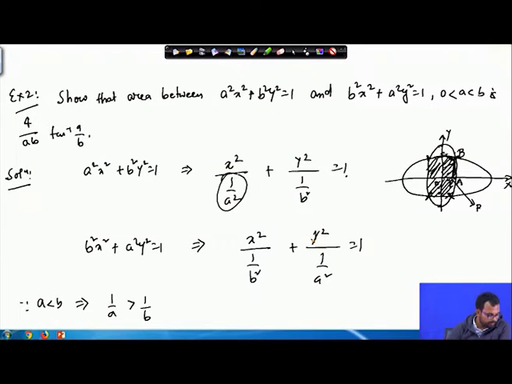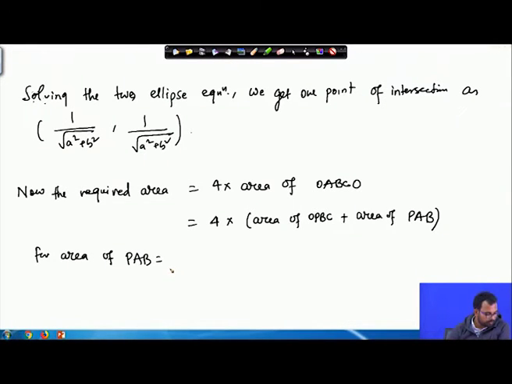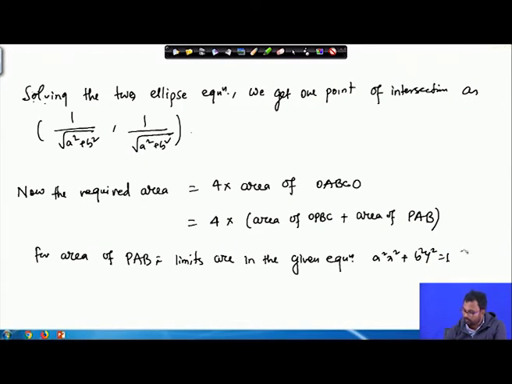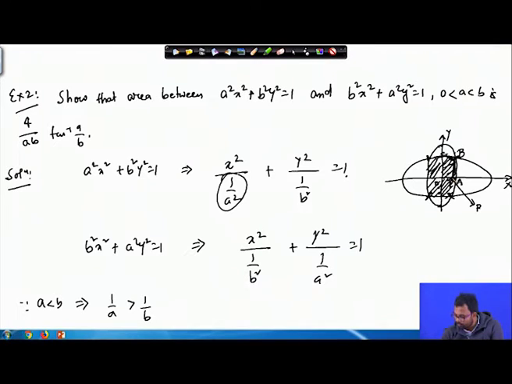For the area of PAB, the limits are in the given equation. So what are the limits? The limits are from this point to this point.